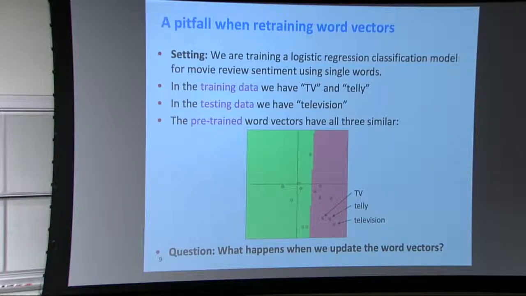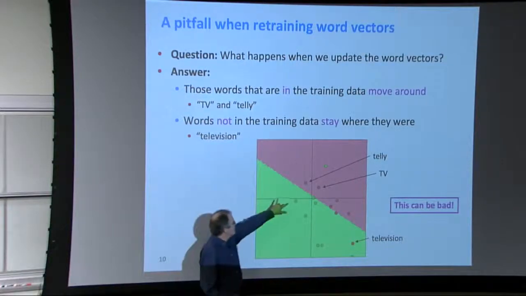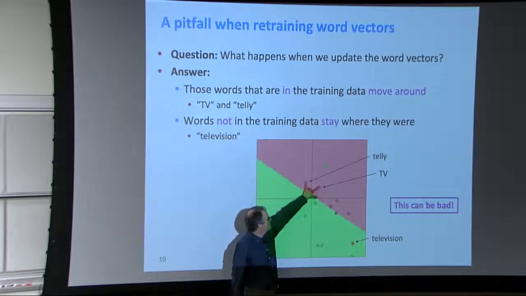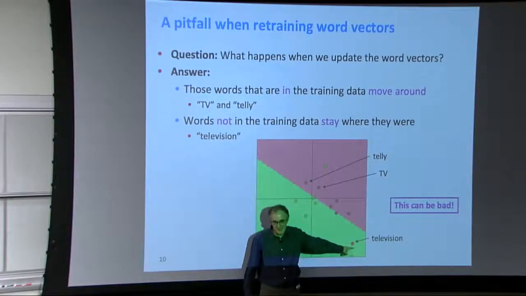Well, then what's going to happen is, while we try and train our sentiment classifier, if we push gradient back down into the word vectors, what's likely to happen is that it will move around the word vectors of the words we saw in the training data. But necessarily, television's not moving, right? Because we're only pushing gradient down to words that are in our training data.